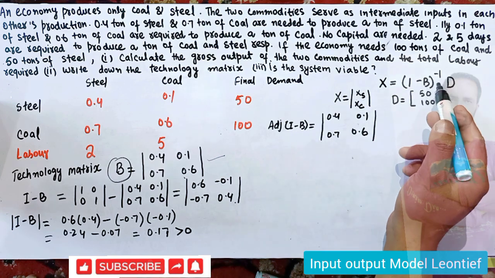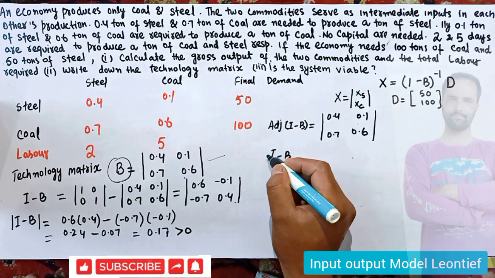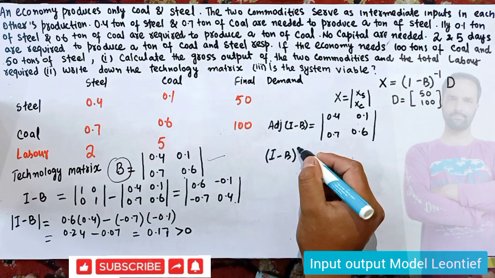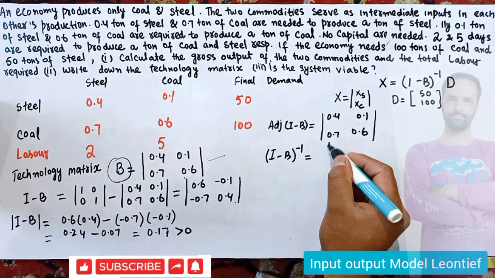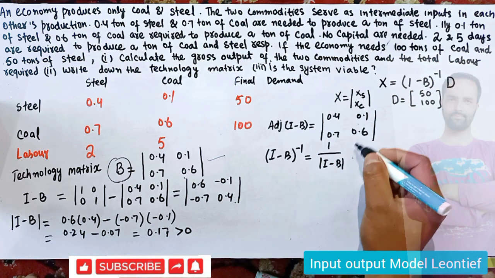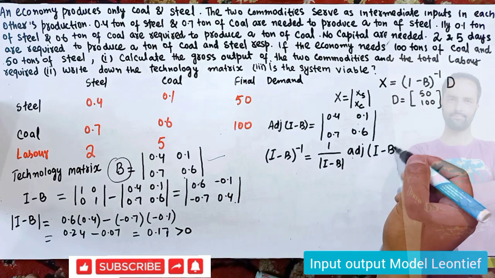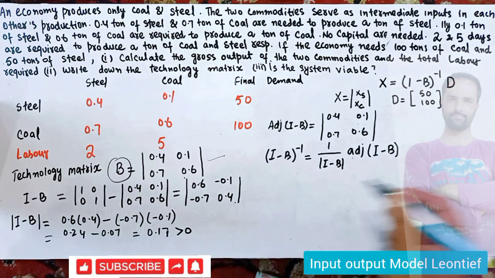After that, I minus B inverse is given by 1 divided by the determinant of I minus B, into the adjoint of I minus B. Very simple thing. What does this mean?